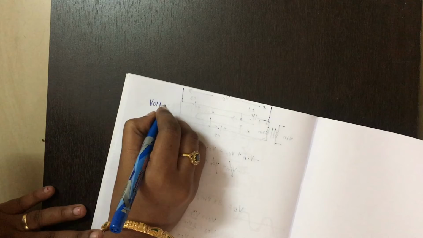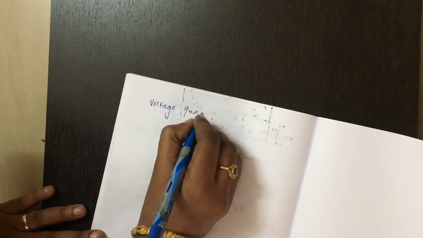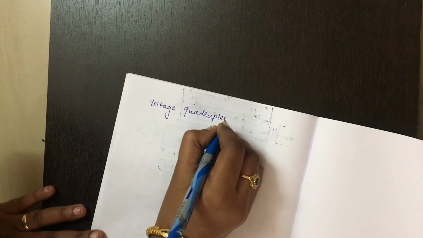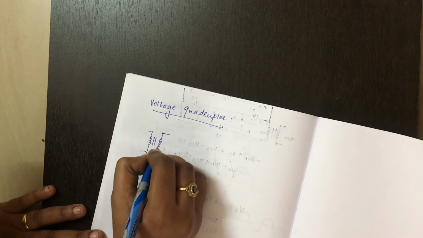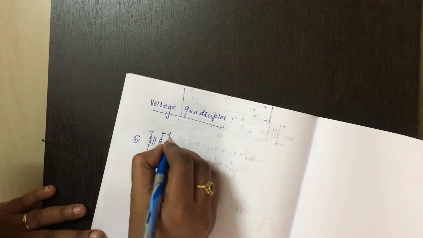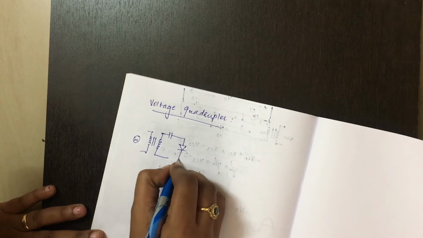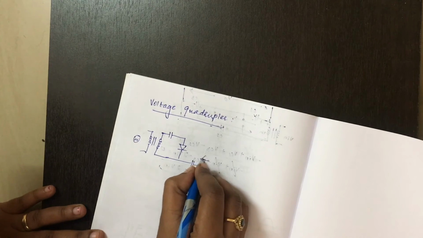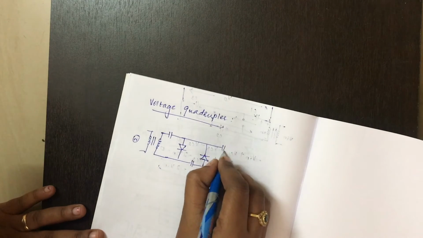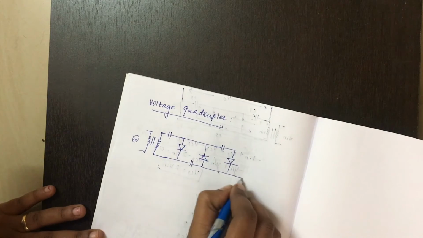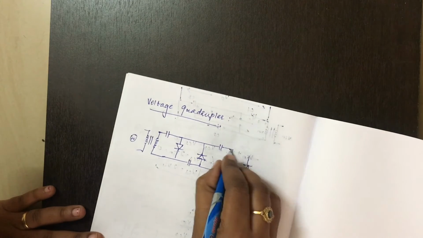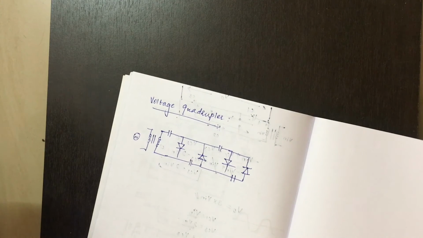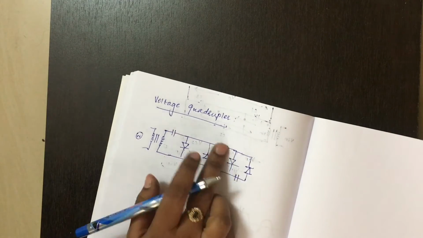So, voltage quadrupler: power transformer, AC signal, capacitor, diode, capacitor, diode, capacitor, diode, capacitor, diode. Yes, so for a voltage quadrupler you need output 4 times the input, so 4 diodes and 4 capacitors.